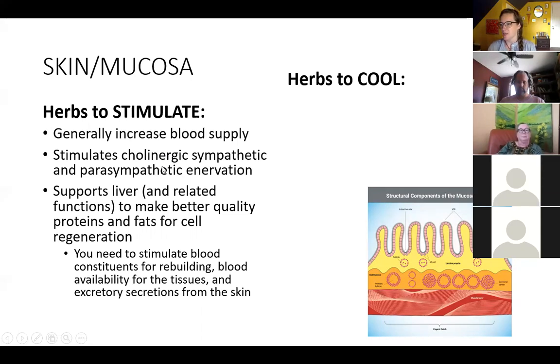Basically increasing that fire, increasing the nervous system response. You need to support the liver and related functions to make better quality proteins and fats for cell regeneration. So this is stimulating blood constituents for rebuilding, blood availability for the tissues, and excretions from the skin.